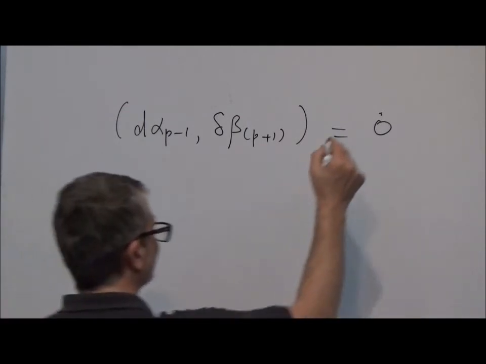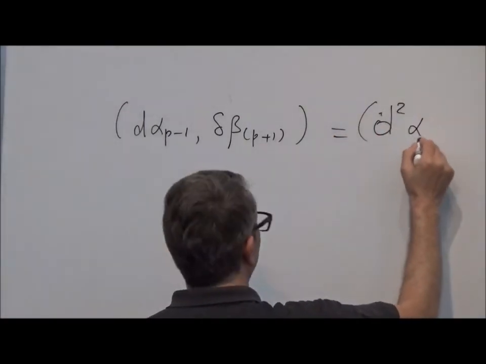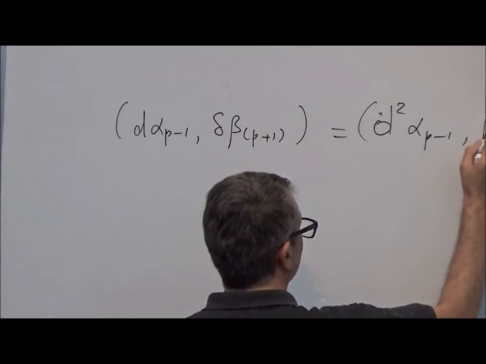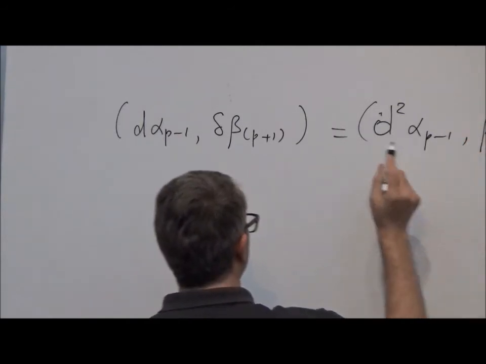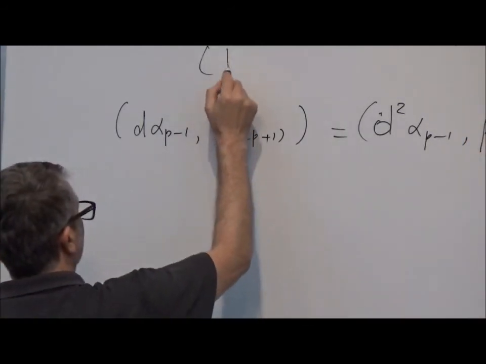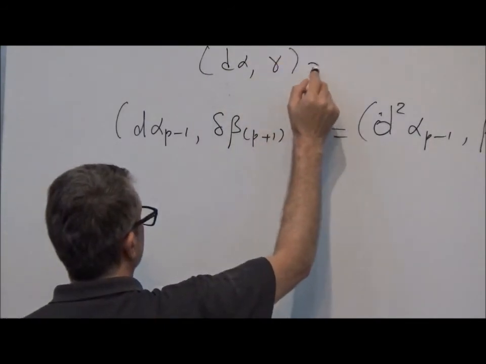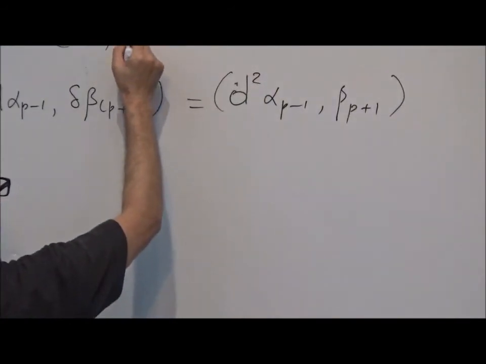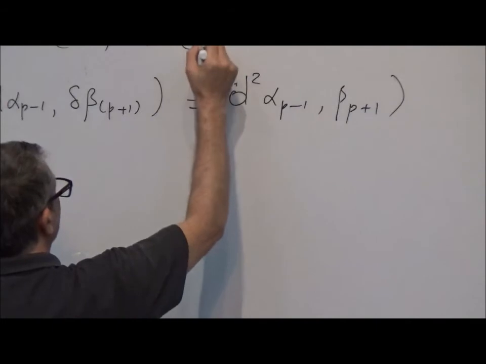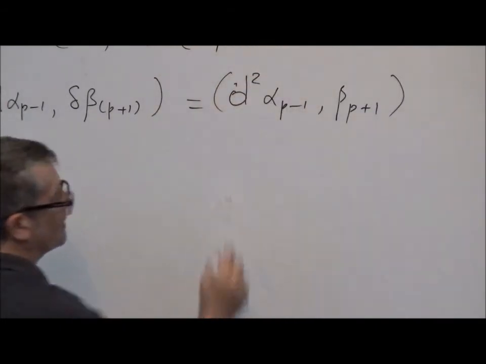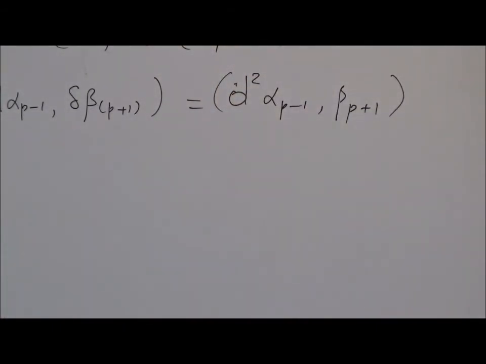So we've just shown that this is, it's very quick, wasn't it? So let me stick in the d squared alpha p minus 1 theta p plus 1. Just by using d alpha gamma. Gamma appears there. Somebody think of something else. Sigma, fine, thank you. Sigma, right, by definition. So we just use that. Likewise, so these are orthogonal. Okay?